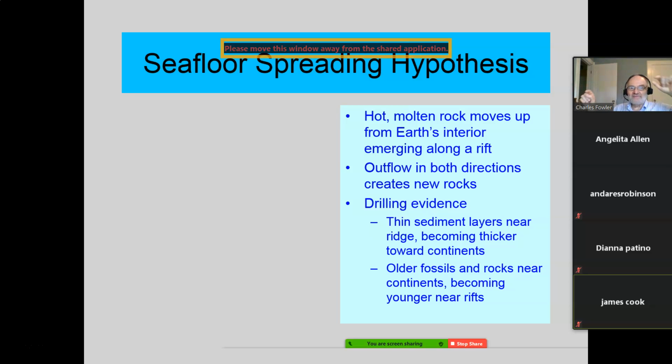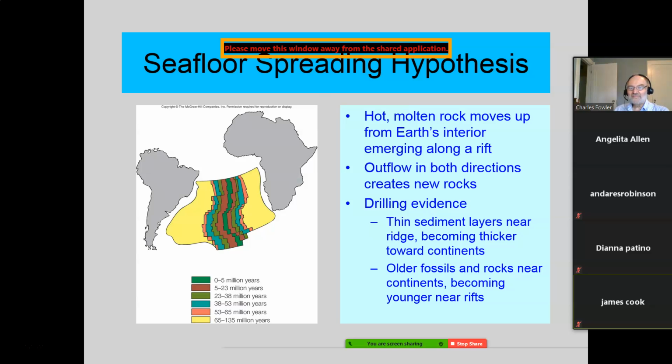They've observed older fossils and rocks near the continents, younger ones near the rifts. In other words, the fossils that were here have been there a long time. Those up here, fairly recent fossils. This all fits with that seafloor spreading hypothesis.